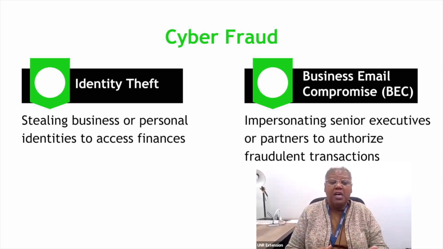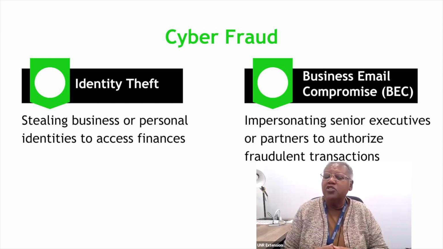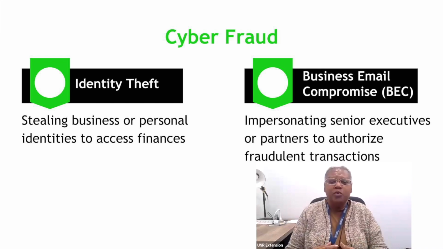Also, as I mentioned, identity theft, which is something that we're all very much aware of, but there's also business email compromise. This one was a fairly new one for me. That's when the executives of the company, the leaders of the company, are getting their information stolen, and then it sends out fraudulent transactions.